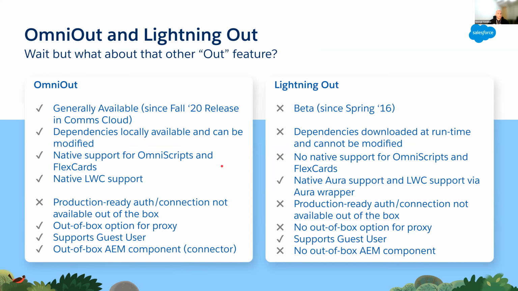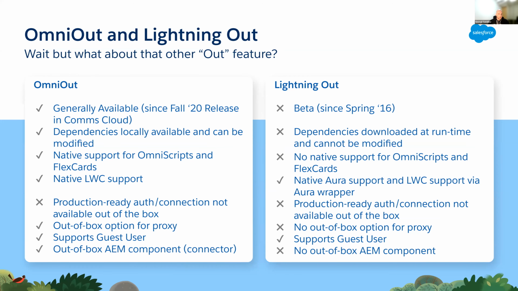OmniOut has native support for OmniScripts and flex cards. Lightning Out does not. OmniOut has native LWC support. Everything is related to LWCs. And with Lightning Out, the support is native for Aura, and then LWC is supported by the Aura wrapper. In both cases, neither is really production ready from an authentication or connection point of view.